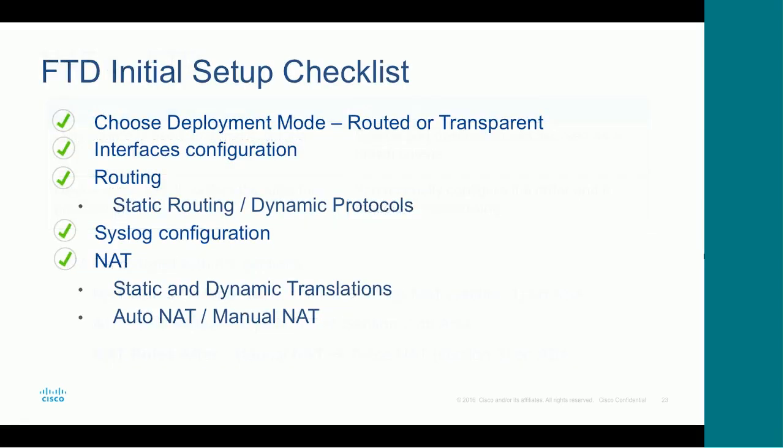So we covered all the steps from our initial setup checklist. And now let's do SSH to our FTD management interface to check how the configuration looks from the command line.